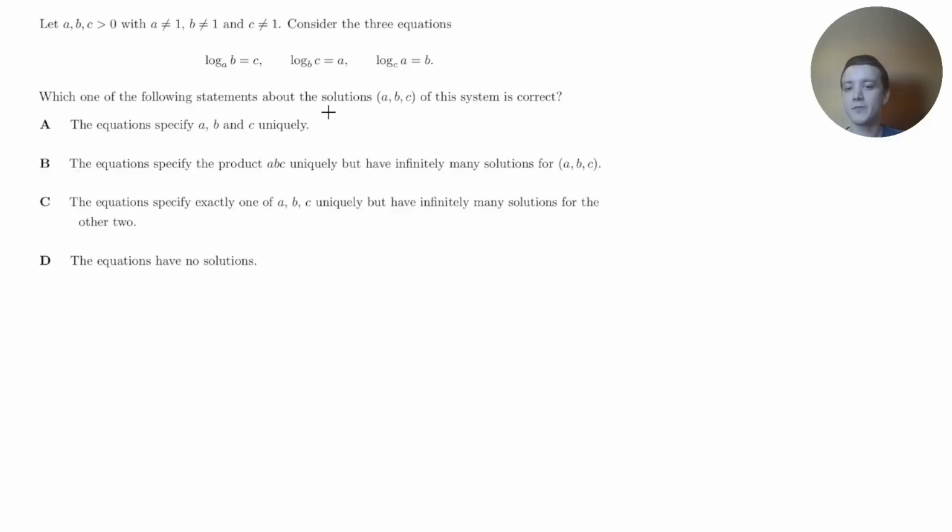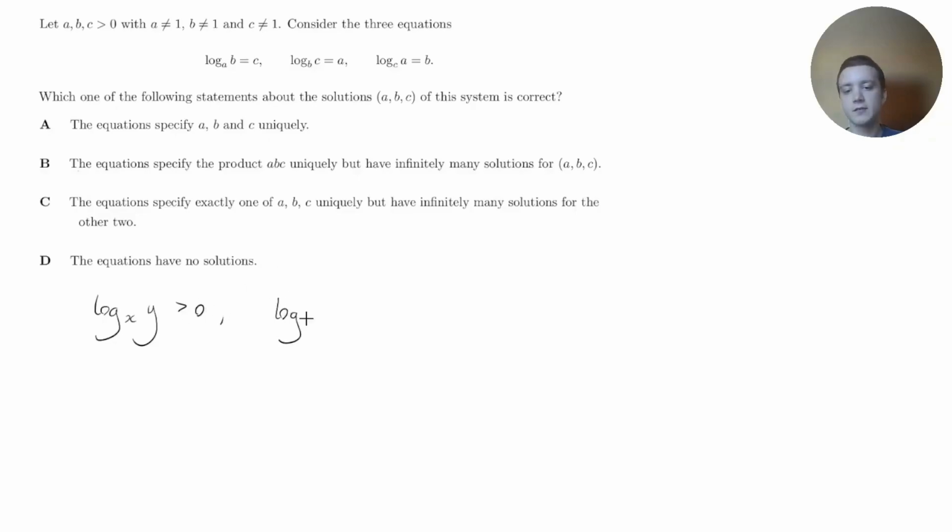Now, one bit of information that's very important to spot is that A, B, and C are on the same side of 1. So I'll give you a little more detail on what I mean by this. Let's imagine that log base x of y is positive.